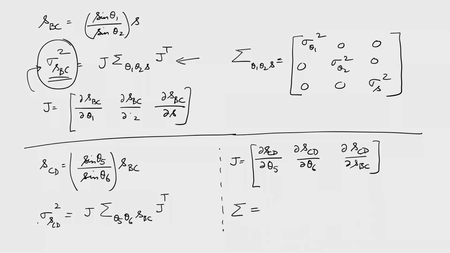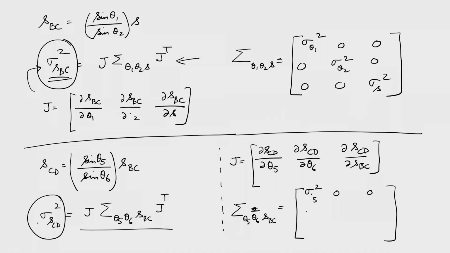Using this value of sigma square SBC, in the second step I will find out the value of this using this logic, where sigma theta 5 theta 6 and SBC will be there, and that is nothing but sigma theta 5 square 0, 0, 0, sigma theta 6 square 0, 0, sigma SBC square, and this value is nothing but this value.